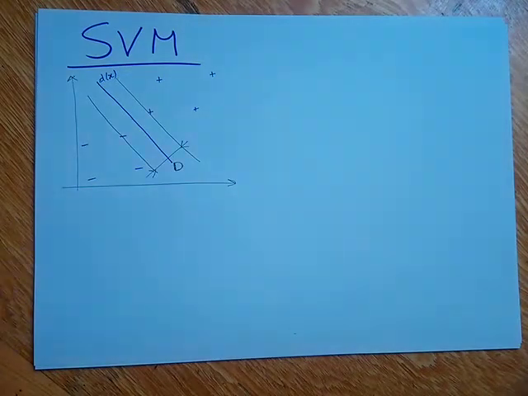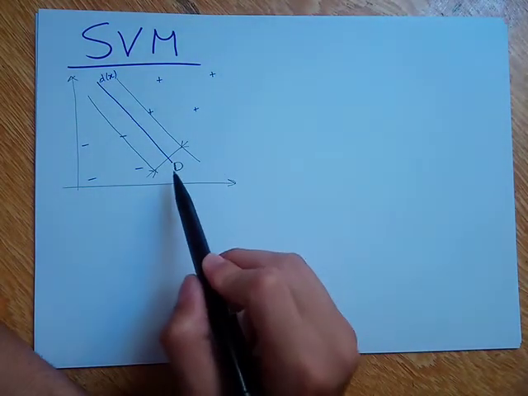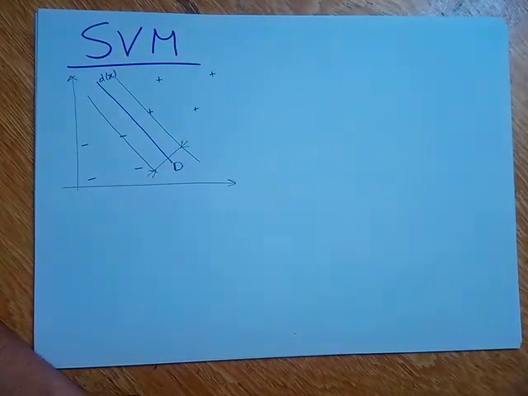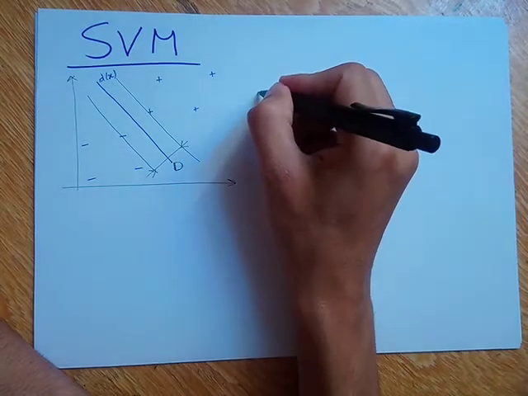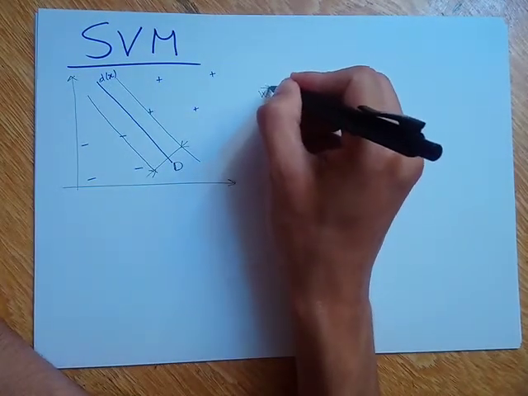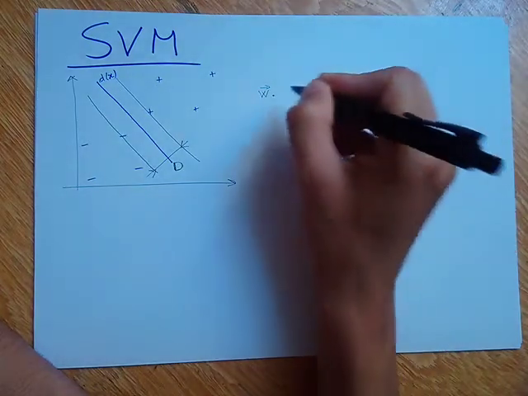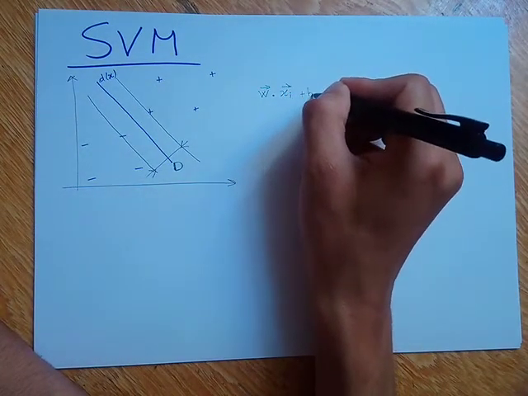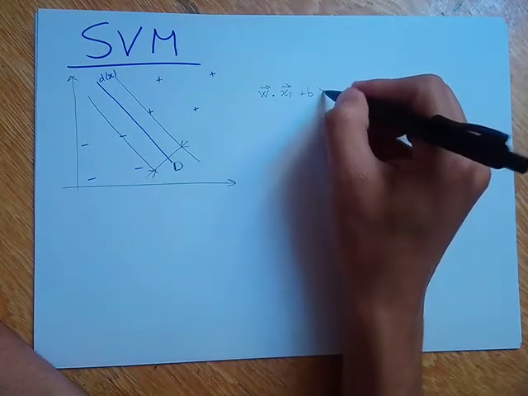Okay, now if I want to maximize d, theoretically I need, of course, to find an expression for d and then work out an optimization problem. Well, what is the start? What is step one? Well, step one is to start from our decision rule or decision function, which is written in this form. So this was our decision rule. So w when dotted with xi plus b should be higher than 0.